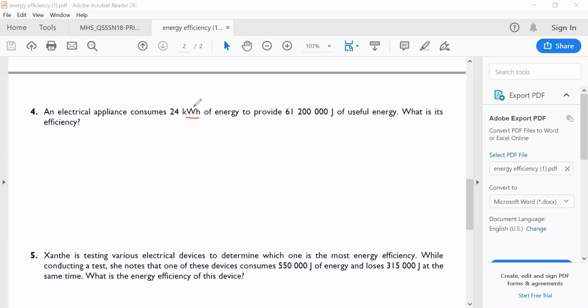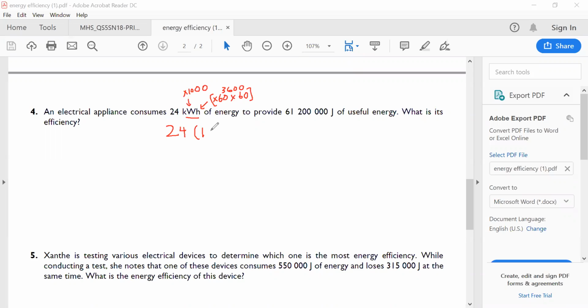How we do that is essentially by turning kilowatts into watts and hours into seconds. I want kilowatts in watts, which means I have to multiply by 1,000. And I want to go from hours to seconds, which means I first multiply by 60 to get to minutes, and then multiply by another 60 to get to seconds, which is exactly the same as multiplying the hour by 3,600.